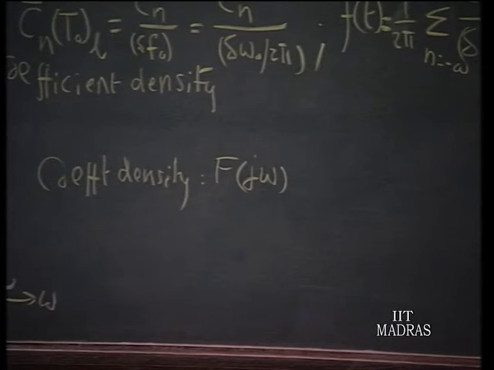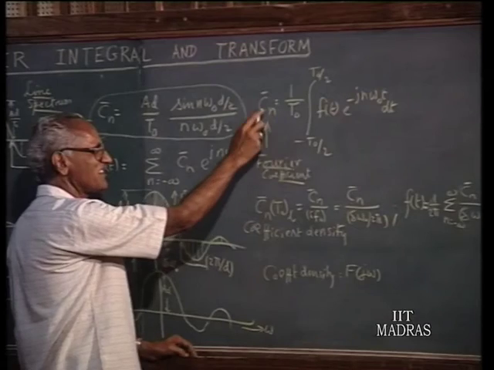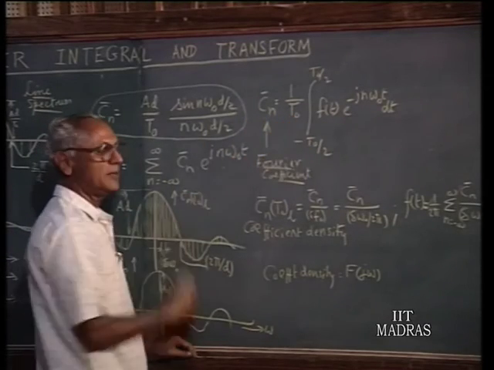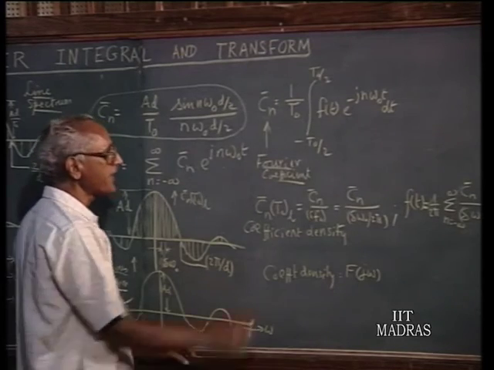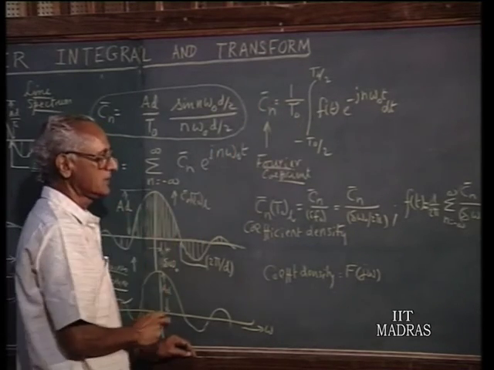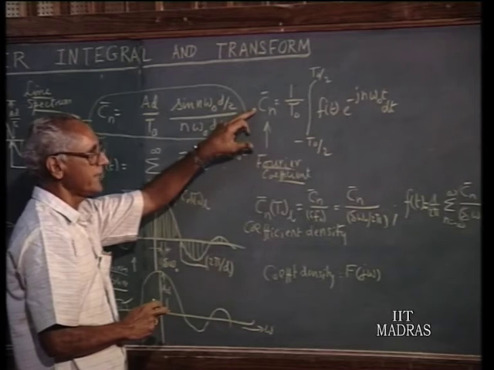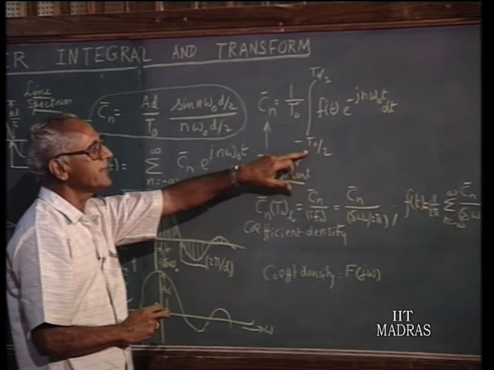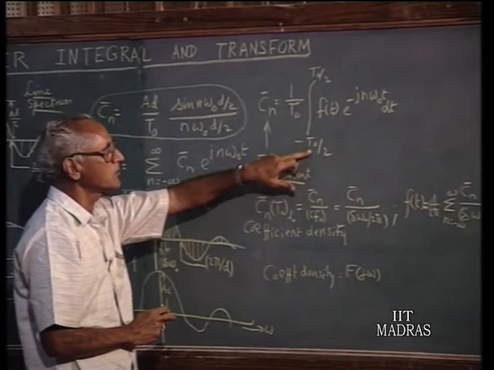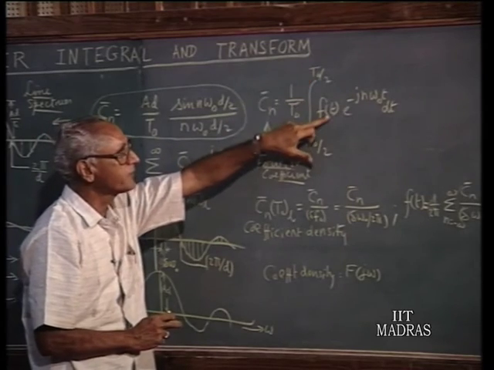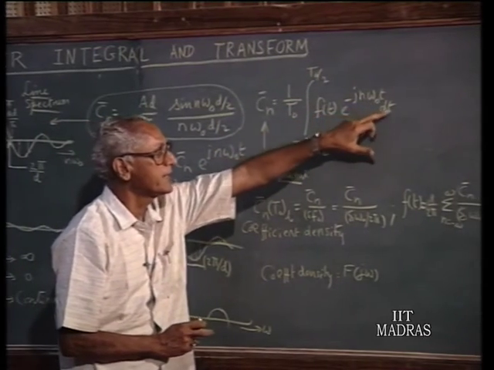How do we get now F of j omega? Here you observe that C n is given by this formula. The coefficient density is obtained by multiplying C n by T naught. So, once you multiply C n by T naught, the integral relation is minus T naught upon 2 to plus T naught upon 2 f of t e to the power of minus j n omega naught t dt.